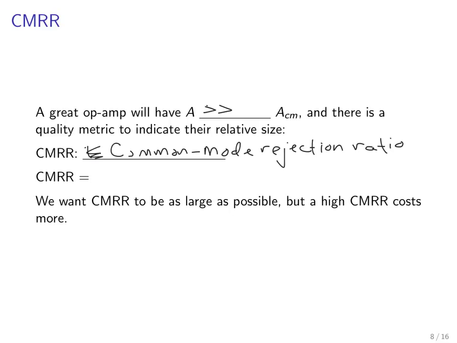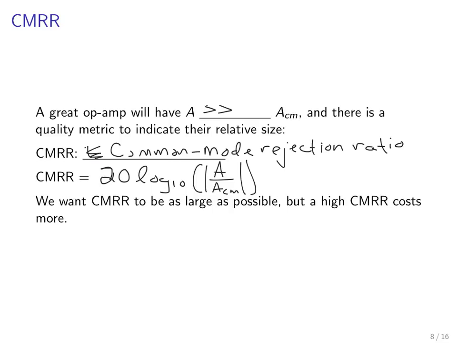And CMRR mathematically is a logarithmic metric, and it's defined as 20 log 10 of the amplitude of the ratio of A divided by A sub Cm, just to take care in case one of them is a negative gain. We have the amplitude there.